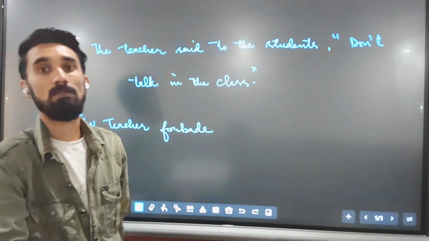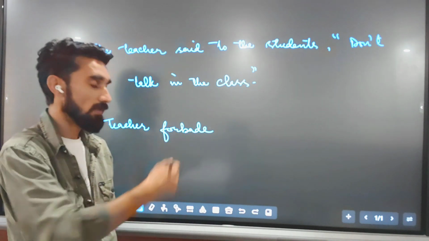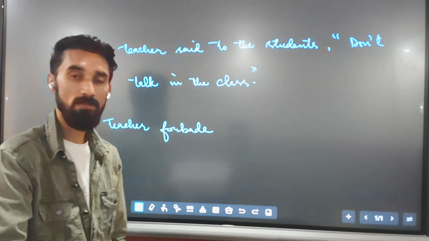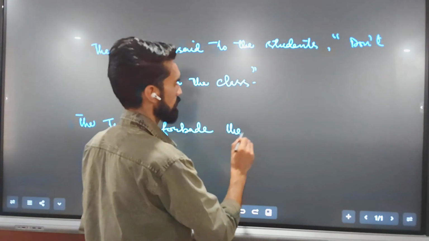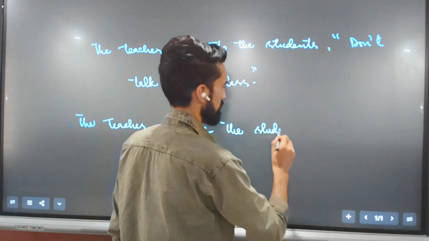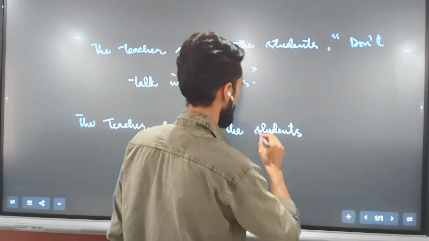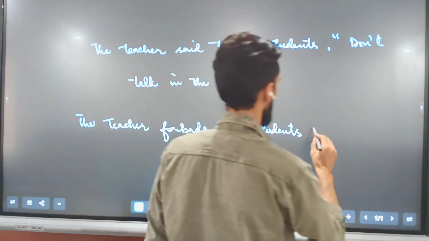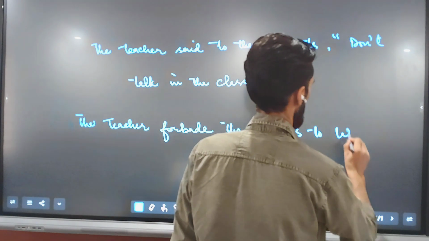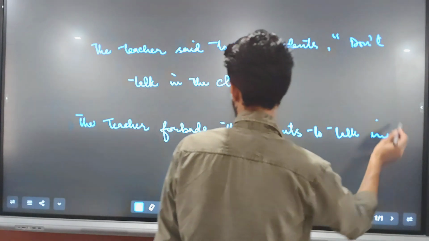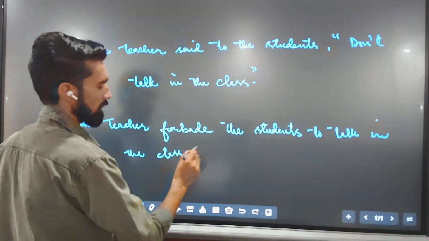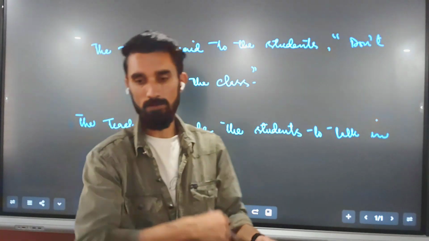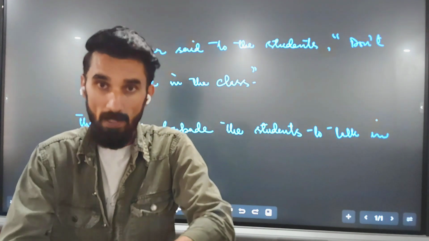Forbade is the past form, and its past participle form or the third form is forbidden. The teacher forbade the students to talk in the class.